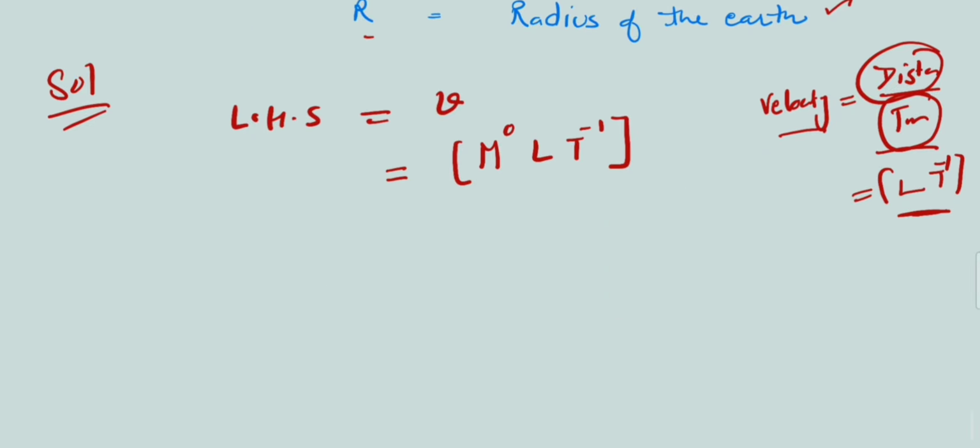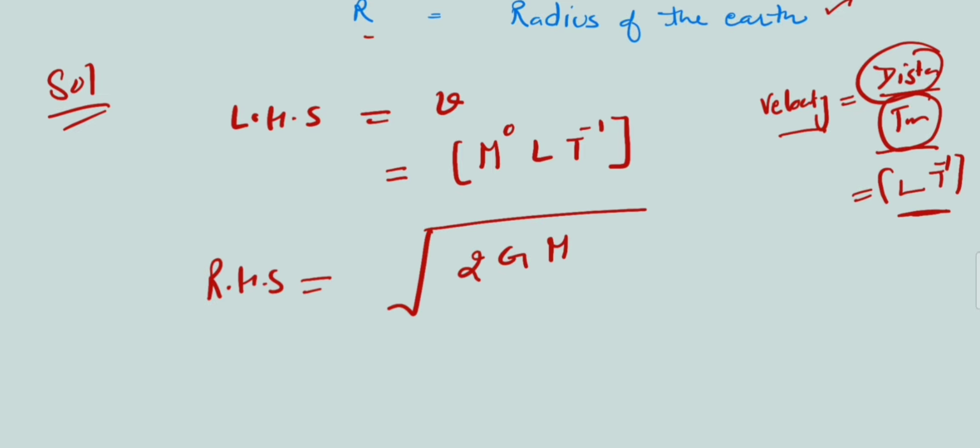Now I'll take the right hand side. So the right hand side is equal to square root of 2GM upon r. So G is the gravitational constant, M is the mass, r is the radius. If you know the dimensional formula for G, you can put it directly here. If you don't remember the dimensional formula for G, then you can derive it.